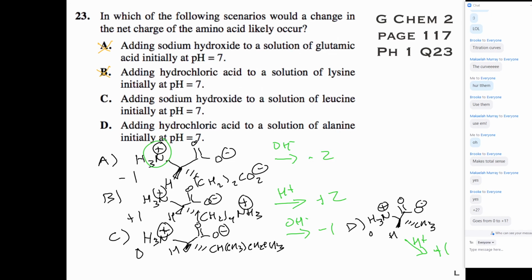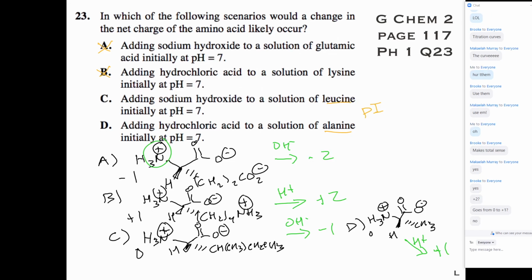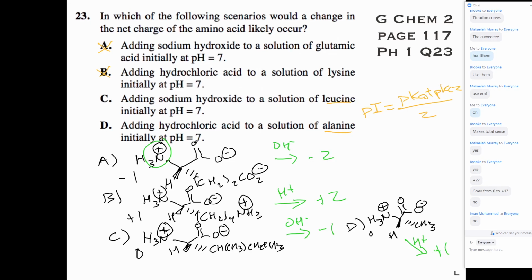But what is the PI for something like leucine, isoleucine, alanine, valine? Are those part of the Lys, Arg, His collection? No. So they get an average of pK1 and pK2 over 2, which is about 2.5 plus 9.5 over 2, which equals 6. So now I'm on to something.